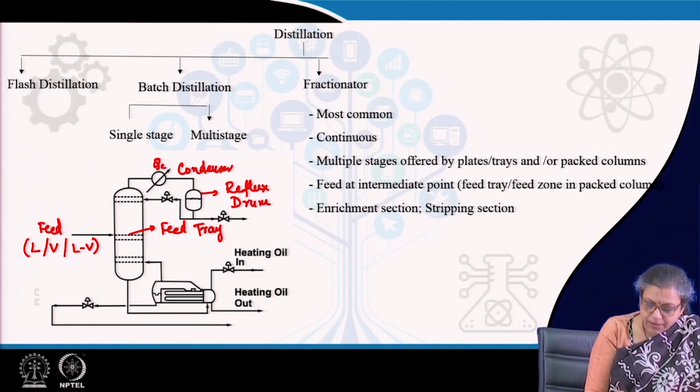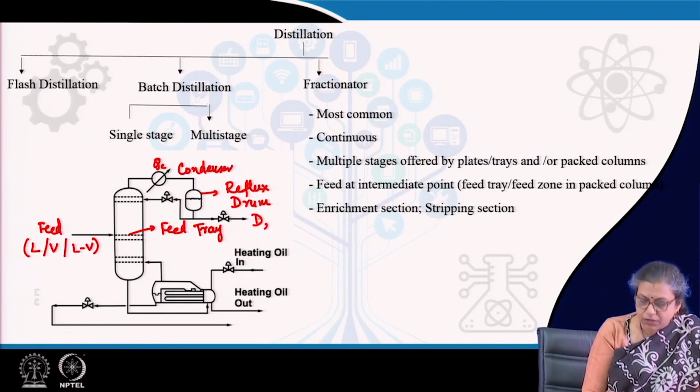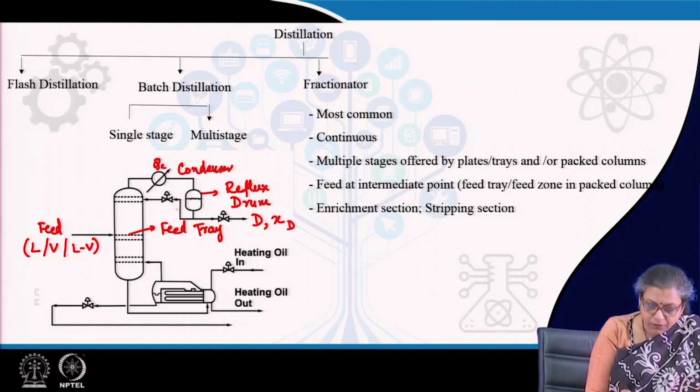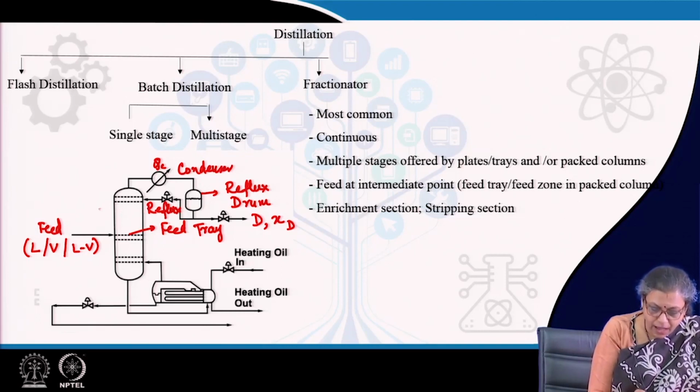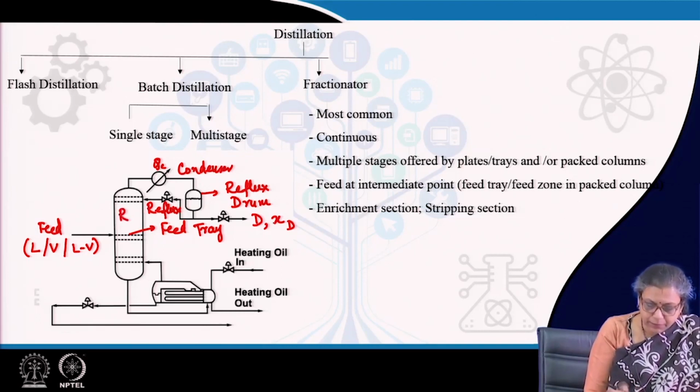From the reflux drum, a part of the product is drawn out, known as the distillate, composition denoted by XD. Part of it is reintroduced into the column as reflux, denoted as R. The composition is the same.